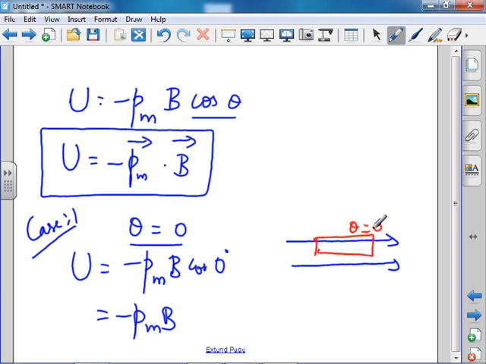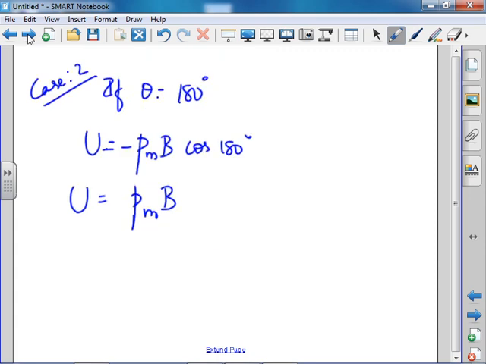If it is aligned like this, the potential energy is minimum because we got a negative value of potential energy. And when will it become maximum? It will become maximum when it is aligned anti-parallel to the magnetic field.